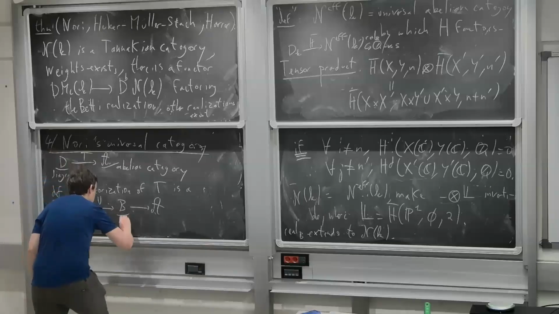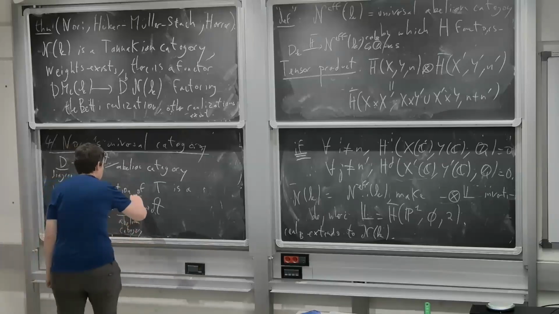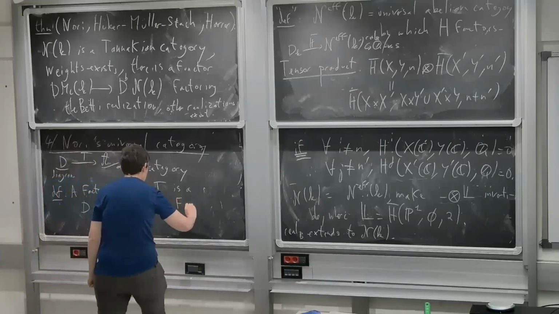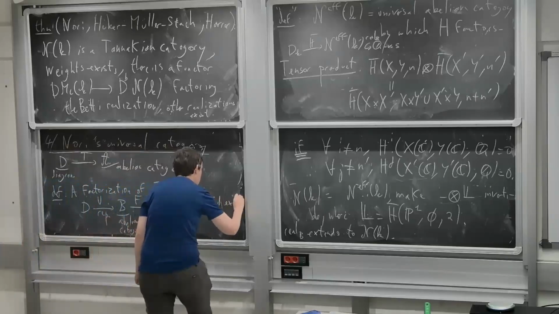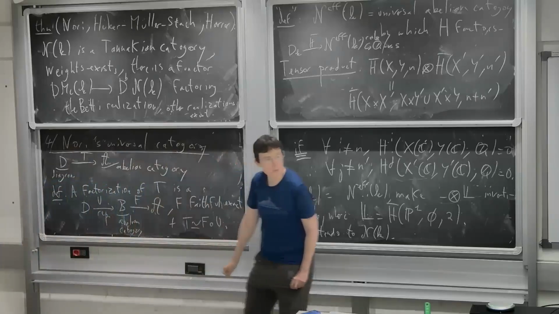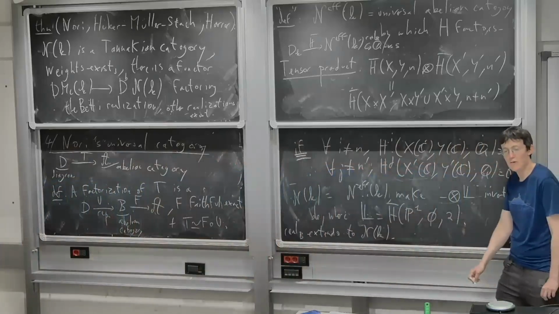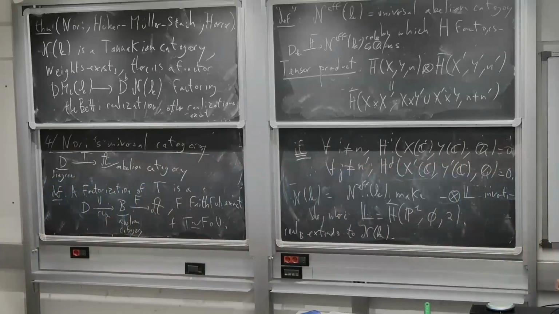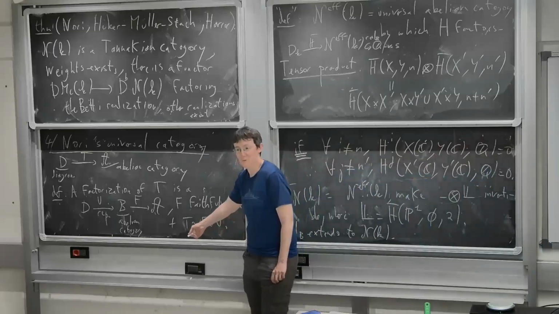This is another abelian category, and this F is a faithful exact functor, plus the data of an isomorphism between T and F composed with U. So here I'm being possibly unnecessarily careful because I'm not formalizing things in a lot of references. This is written as an equality, but of course it is not.